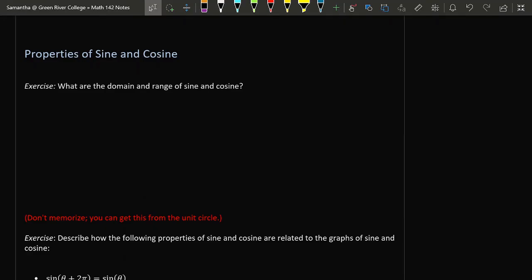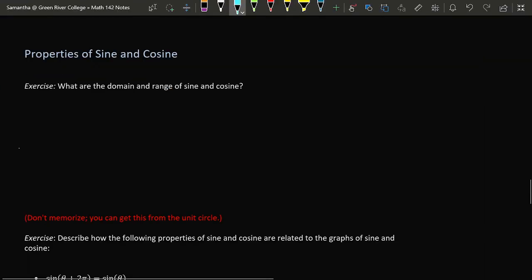So to finish up, let's just use the graph of sine and cosine to answer a couple of questions. For example, someone asks me, what is the domain and range of the sine and cosine functions?